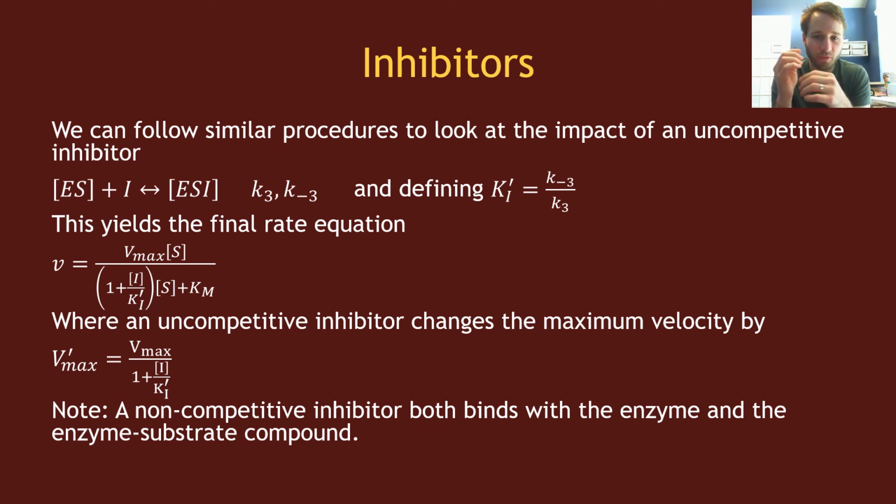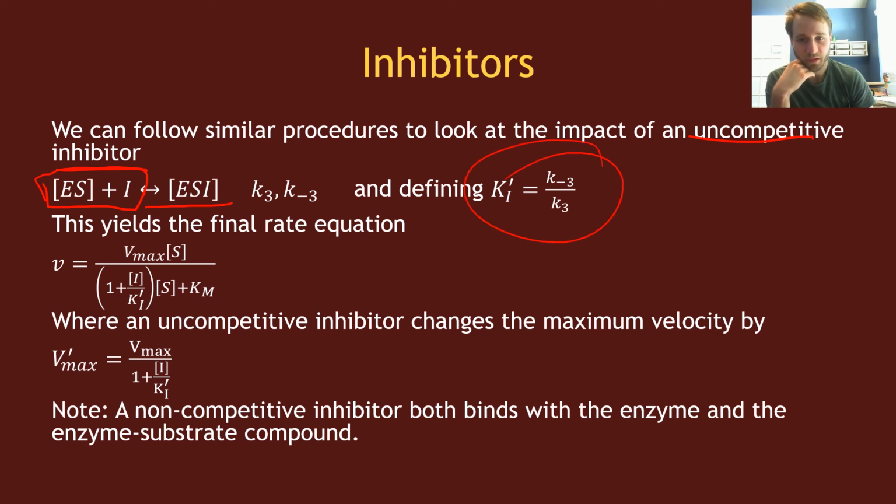If you follow the same procedure for an uncompetitive inhibitor, an uncompetitive inhibitor basically binds with the enzyme-substrate compound to form this enzyme-substrate-inhibitor compound. And we define the inhibitor constant K prime here, again an equilibrium constant related to the ratio of the rate constants for this equilibrium reaction.